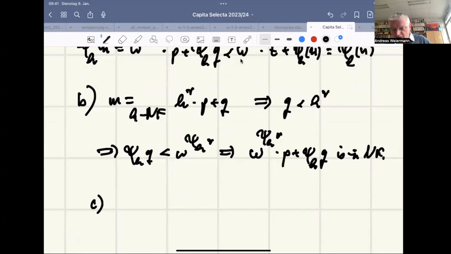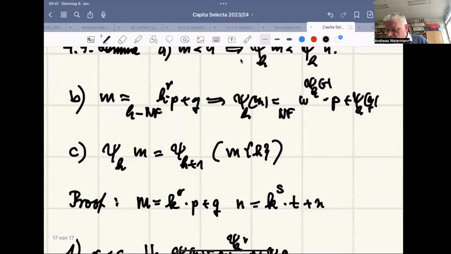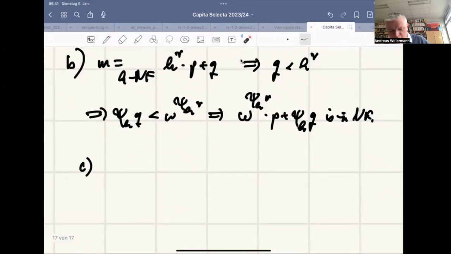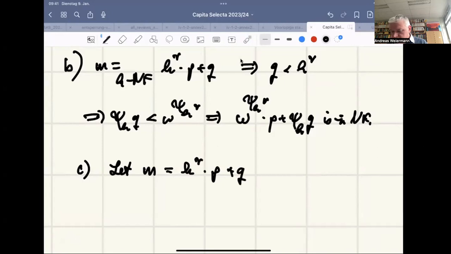And C is also easy, but let us prove this. So it looks trivial, but there is a problem. What is the problem? Well, not a difficult problem, but you just have to be careful that you observe a possible problem. So let's assume that, as usual, m is not 0. So we write m in k normal form. And then what?